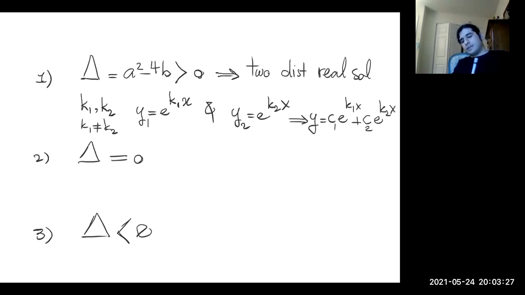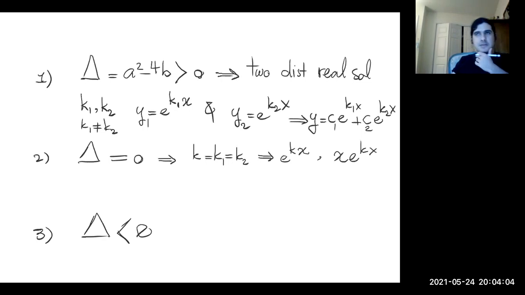Now in the second case, the roots are equal. We have a root with multiplicity equal to 2. So we would just get one solution, e to the kx. We hope to find another linearly independent solution. And it's interesting, the other solution in this case is just x times e to the kx.